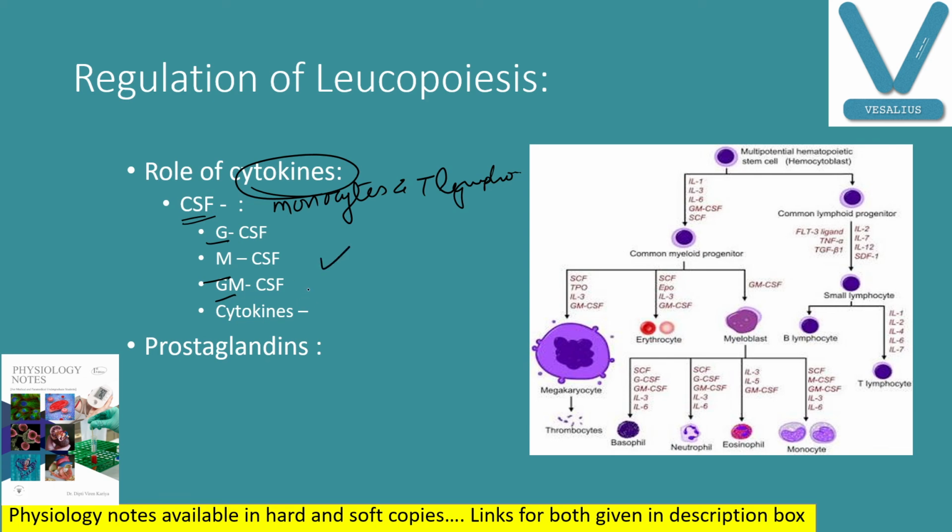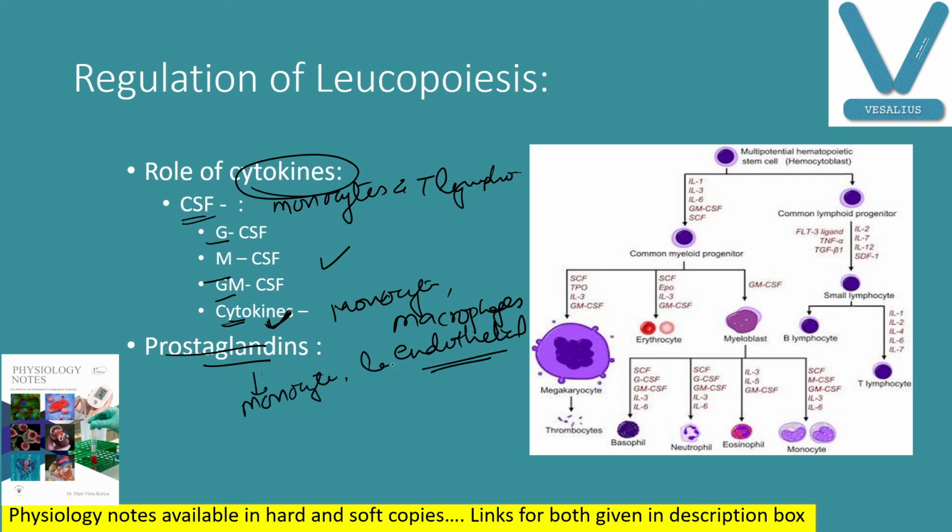And certain cytokines form interleukin by monocytes, macrophages and endothelial cells. Cyto means cells. Cells produce certain cytokines. And prostaglandins also play an important role in leucopoiesis. Prostaglandins are produced by monocyte and lactoferritin. So they play an important role in leucopoiesis. So this is all about leucopoiesis.